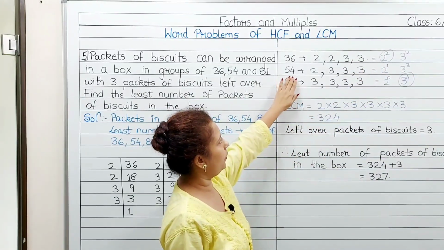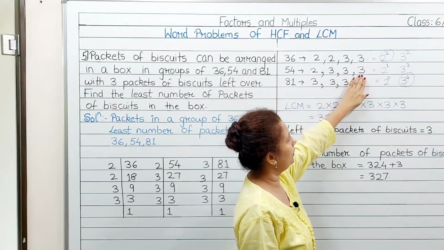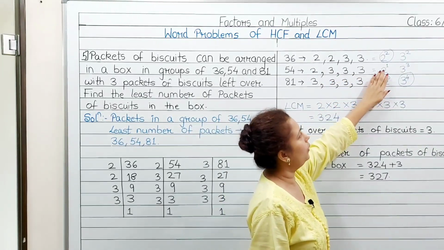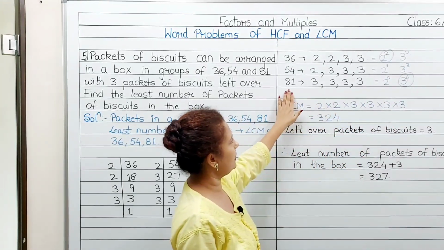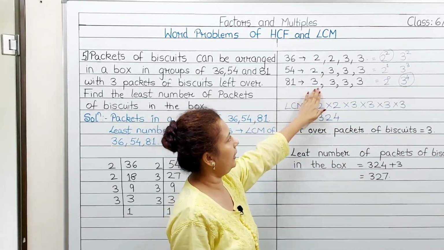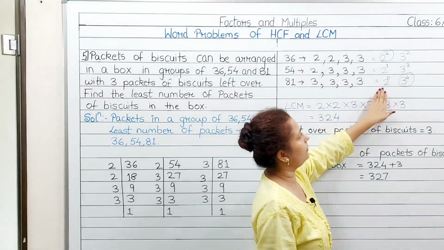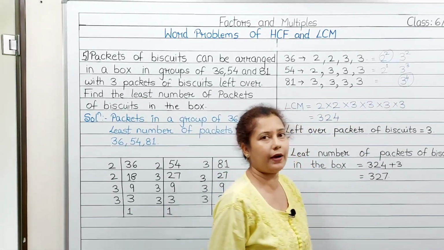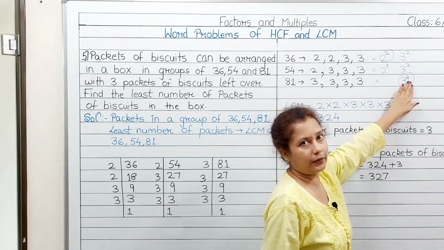Next is 54, with factors 2, 3, 3, 3, that means 2 one time and 3 three times. Next is 81: 3, 3, 3, 3. There is no 2, that means 2 raised to power 0. So here 3 appears 4 times.